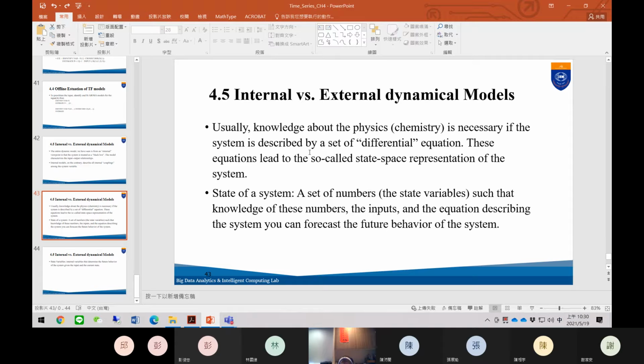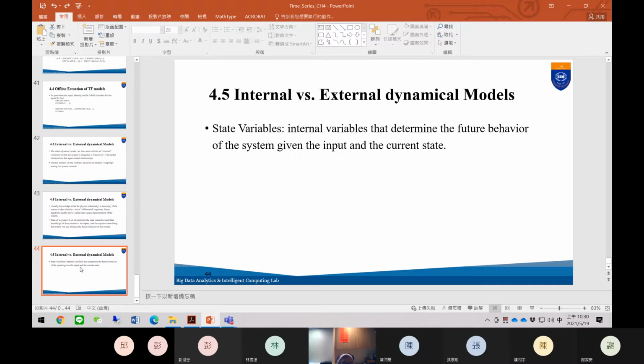Actually, we do define what the state variable is before we model the data. So we construct the model in terms of the data. The state variables are internal variables that determine the future behavior of the system given the input and the current state. So what is the next state given the current input?